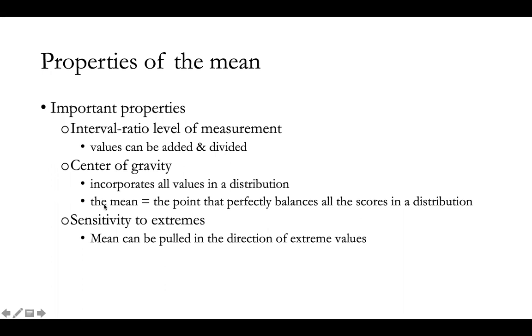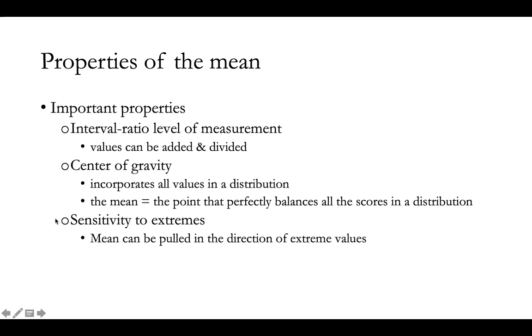So when we're calculating the mean, we need to know every single observation in a way that we don't for the mode or for the median. You can just look at the 50th percentile for the median or the most common value for the mode. For the mean, we are looking for the point along the distribution that perfectly balances all of the scores in a distribution. So it's a very sensitive measure, which makes it powerful.